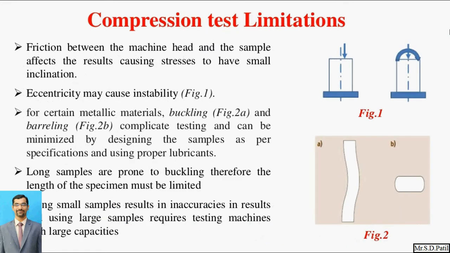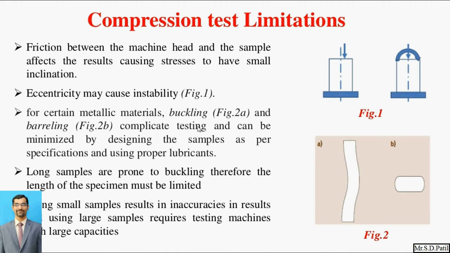So these are the limitations of the compressive test. The friction between the machine head and the sample affects the result, causing the stress to have a small inclination. So basically, if we look at figure 1, suppose the loading condition is somewhat deviated from the center, then some different kind of buckling portion we can observe.